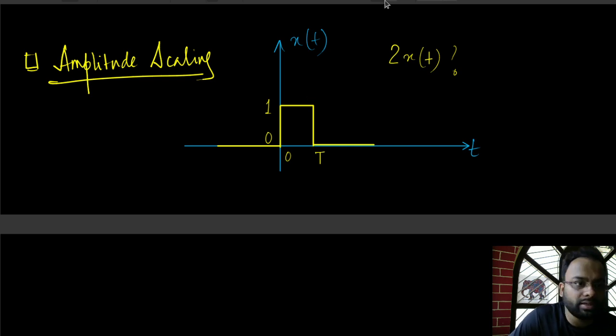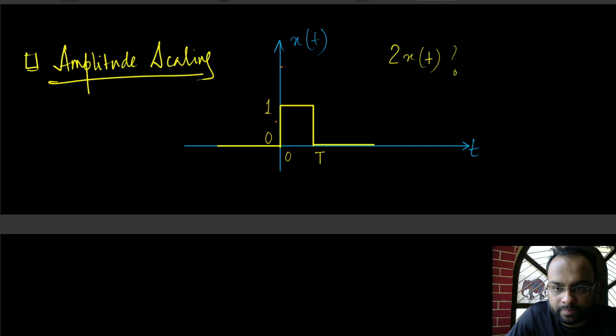Pretty simply, that would be x(t) multiplied with 2. So this amplitude will only become double, right? If this is x(t), then 2x(t) will simply have an amplitude value right around here, and everything else will be the same.